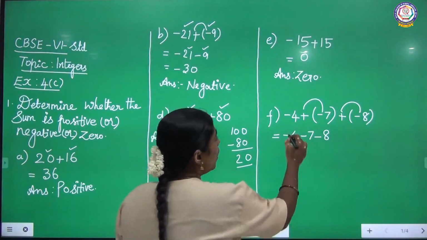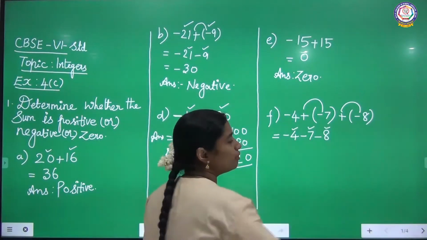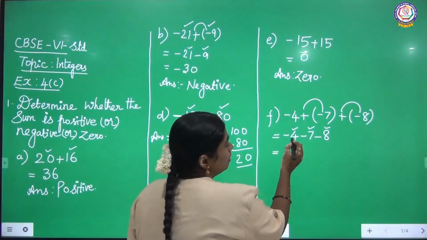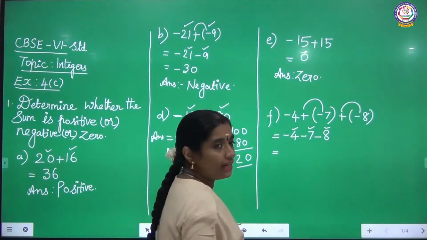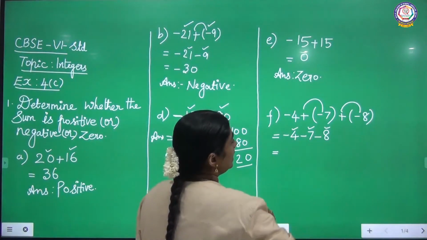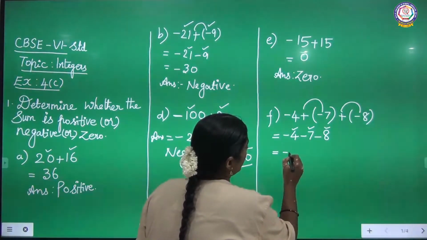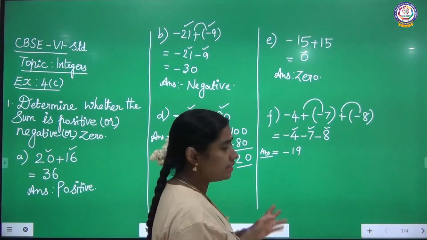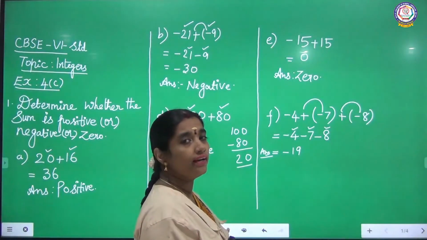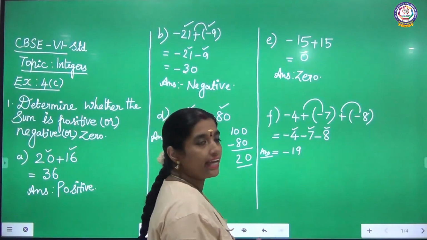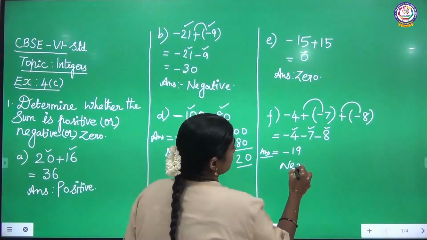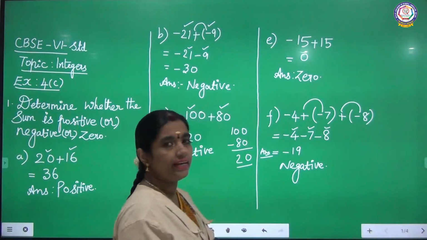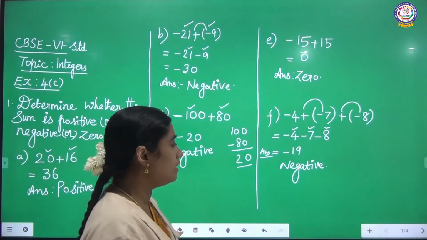See, all the integers are negative, so I can add and put the negative symbol. 4 plus 7 is what? 11. 11 plus 8 is 19. So minus 19 is my answer. And I am going to write whether it is positive or negative or 0. What is it? A negative. So the answer is negative.